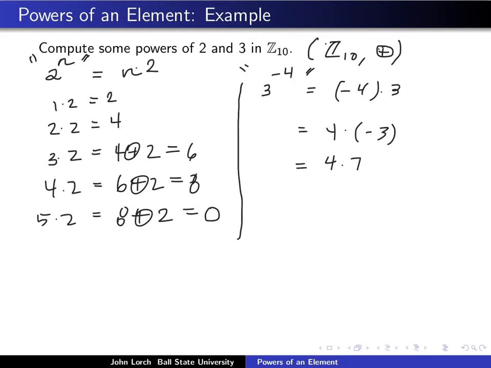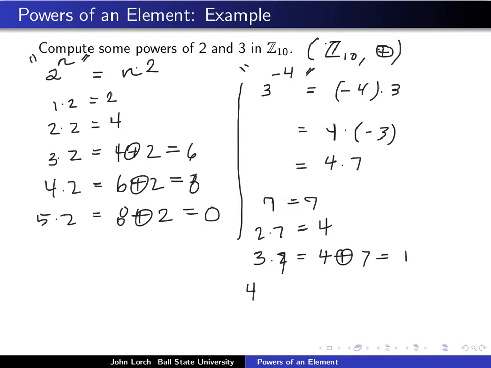So 7, well, that's just 7. And then 2 times 7 would be 7 plus 7, which is 14. That leaves a remainder of 4 upon division by 10. 3 times 7 is 2 times 7 plus 7, so that's just 4 plus another 7, which is 11, which is really 1 in Z10.